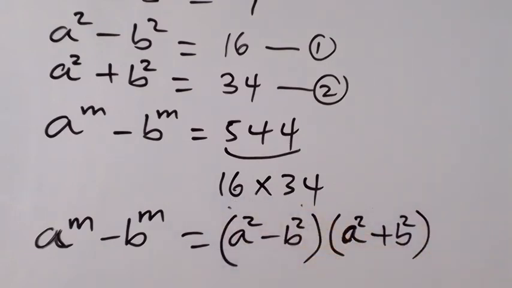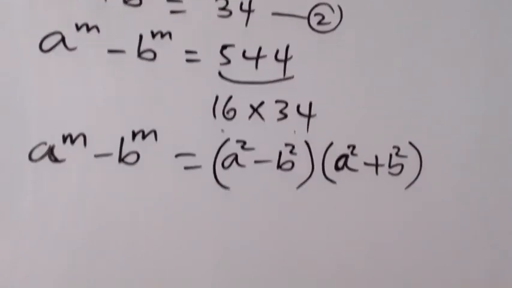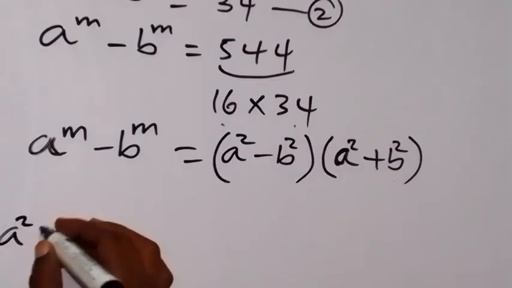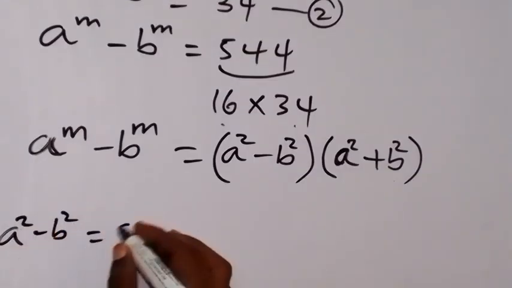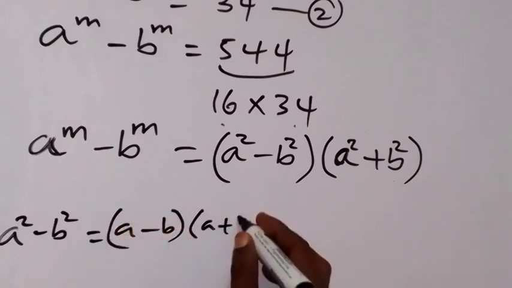So we have written that in the form of 16 times 34, and from here it is in the form of difference of two squares. That is, if we have a squared minus b squared, this will give us a minus b times a plus b.